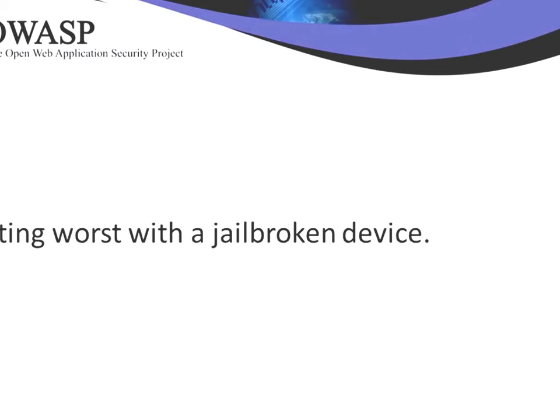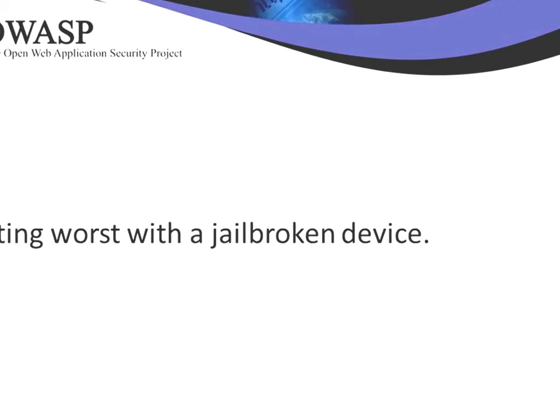As I said, it gets worse when you have a jailbroken device. I'll show you another demonstration, and you see how it can be done. One idea of what can be done with a jailbroken iPhone. As you can see, I'm accessing the same application.